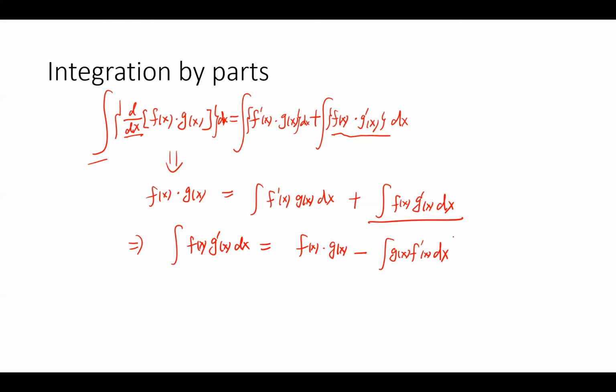What this means is that if I want to calculate the integration of one function multiplied by the derivative of another function, the result can be calculated as the two original functions multiplied together, minus the other combination, which is the original function g multiplied by the derivative of f. Now this will be very useful when, for example, it's very difficult to calculate this directly, right?